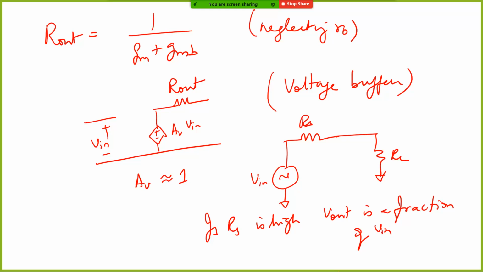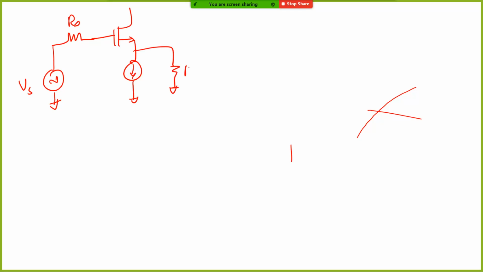But if you want to drive this load impedance without having this large voltage division, you take this Vs with Rs and put it through a common drain.